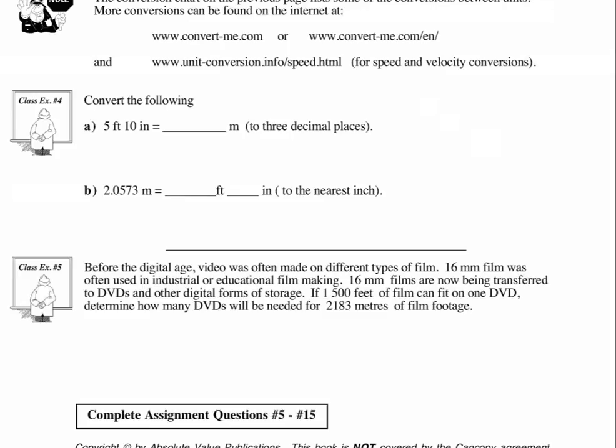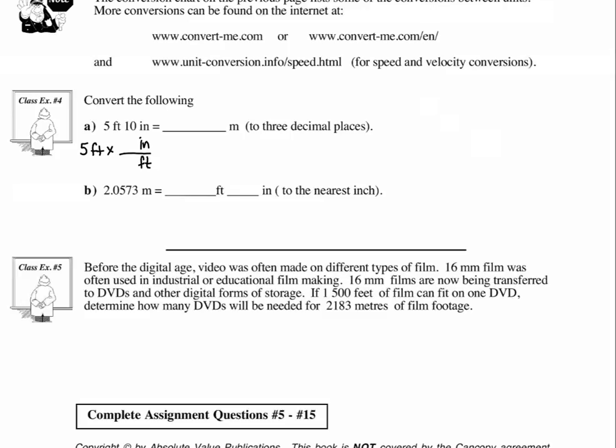So converting, what's easier? Converting the inches into feet or the feet into inches? Feet into inches, because then we're not going to have a decimal. Okay, feet into inches. So let's convert the 5 feet into inches. So inch over foot.